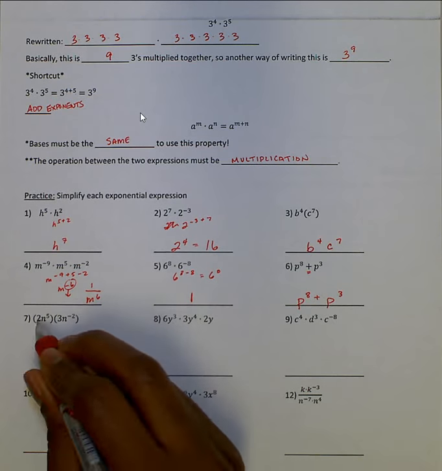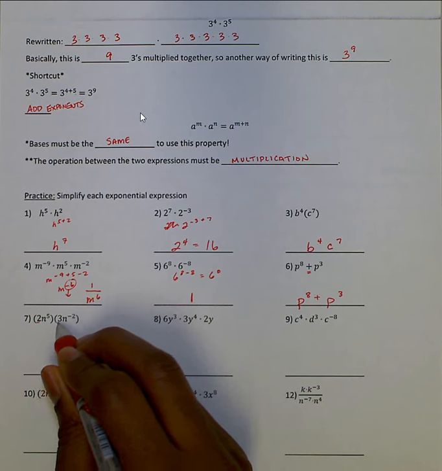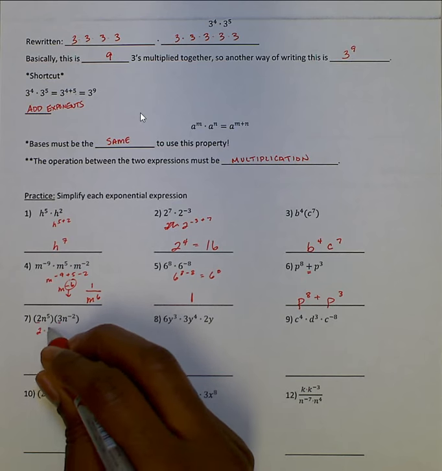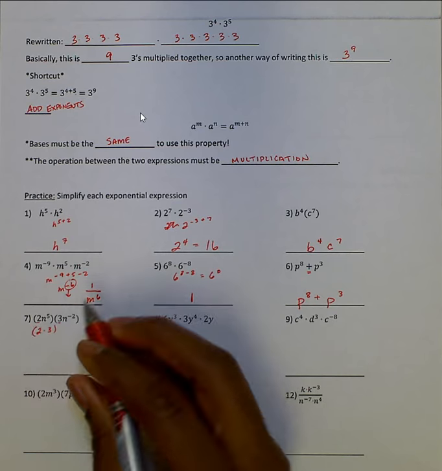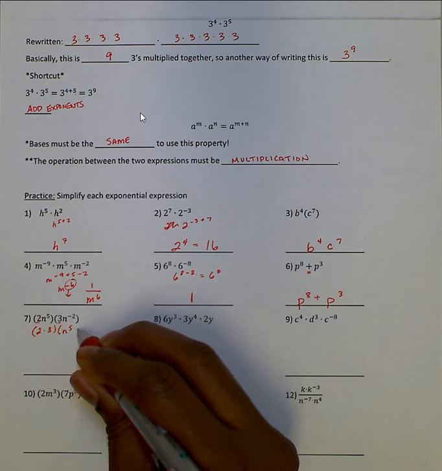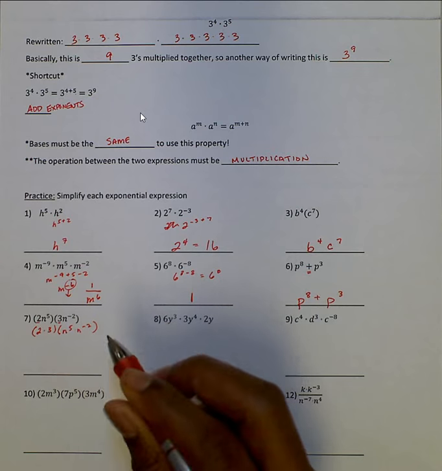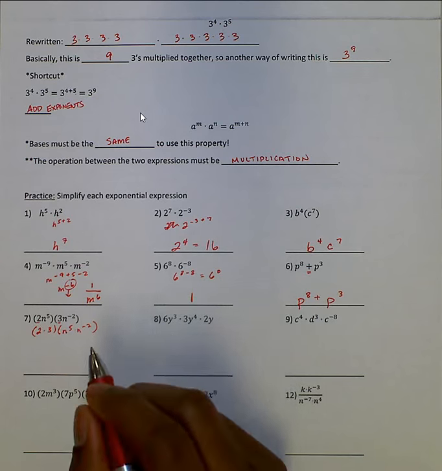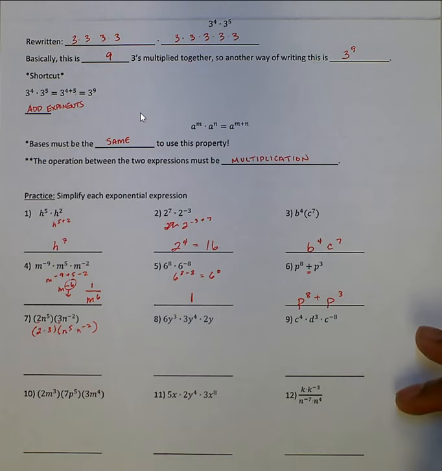The way that helps us the most is to put numbers that are alike together. I'm going to group 2 and 3, and then I'm going to group x to the fifth times x to the negative second. The reason that we can do this is because it's all multiplication, and multiplication in any order stays the same.